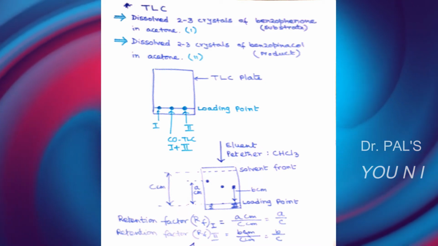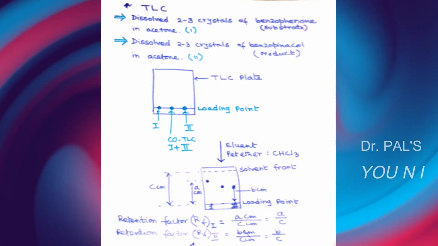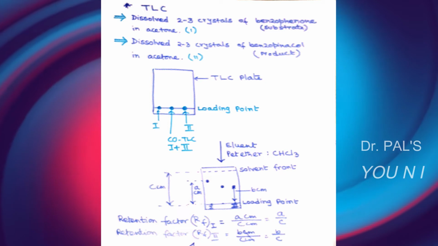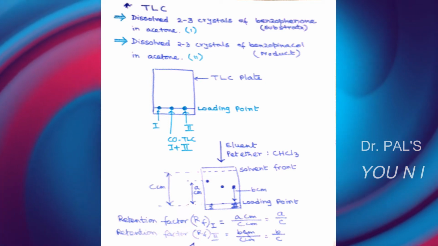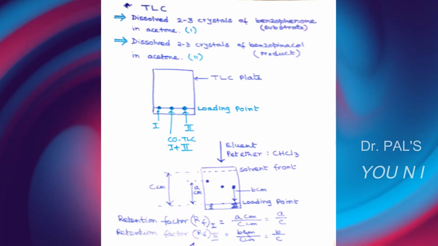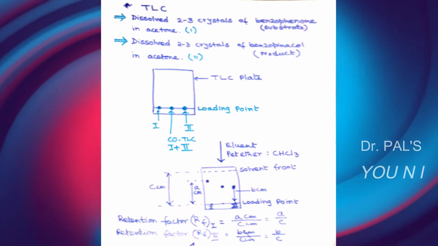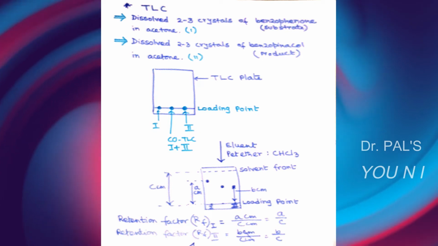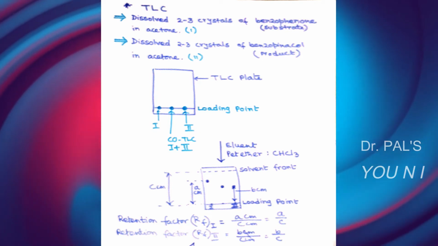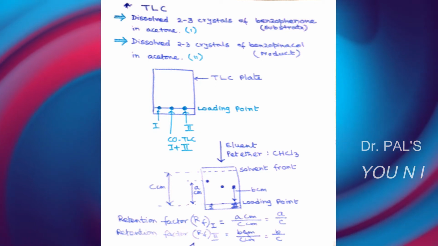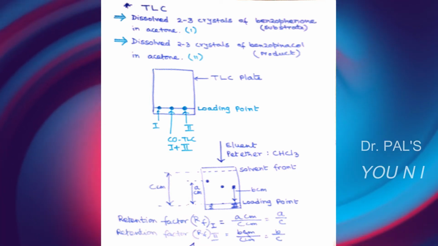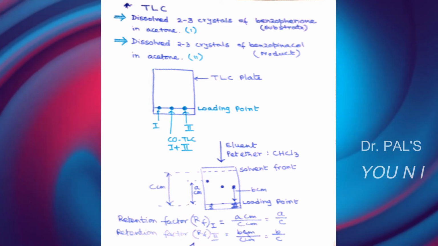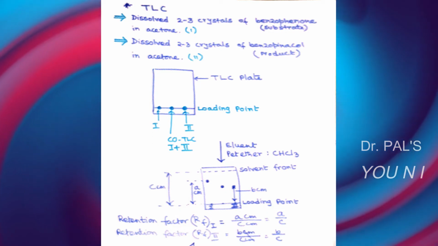Now if in the crude product spot the starting compound benzophenone spot is still there, it means that the reaction is incomplete, and we have to keep our test tube for some more days in the sunlight until the substrate spot, I mean the benzophenone spot, vanishes.